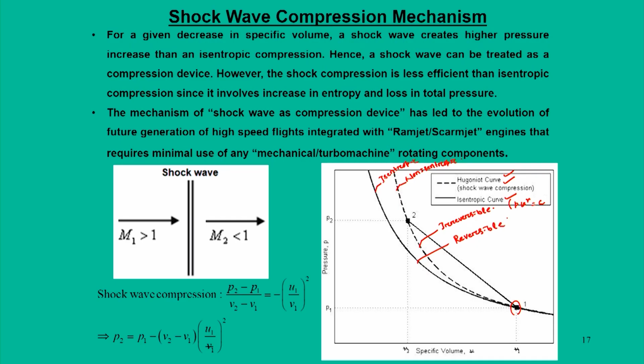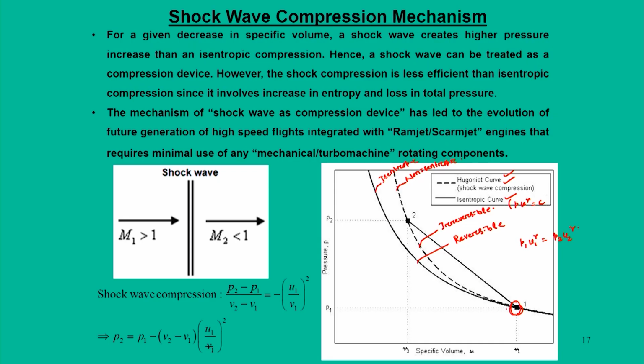Now, let us say we fix the initial condition, point 1 is fixed. So, we can write for an isentropic curve P 1 V 1 to the power gamma is equal to P 2 V 2 to the power gamma. Knowing these initial conditions, if you go along this for a given value of V 2, we can have different values of P 2.